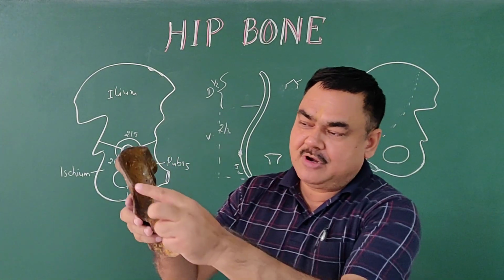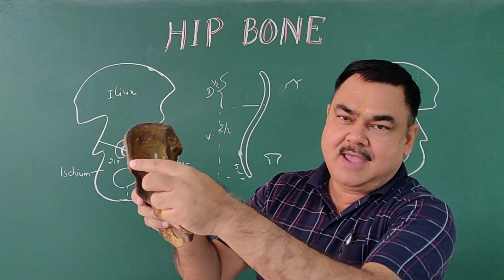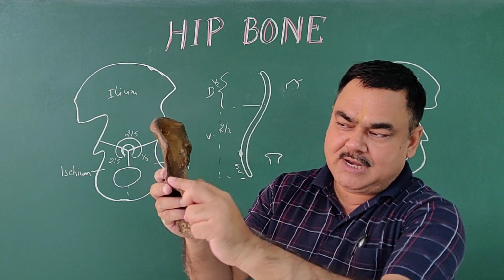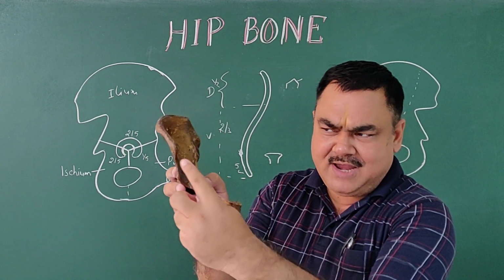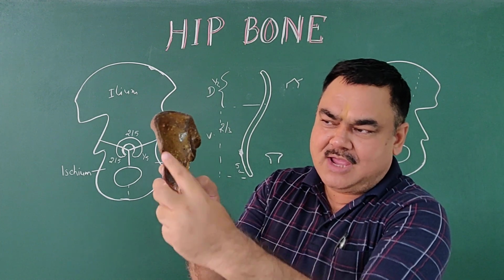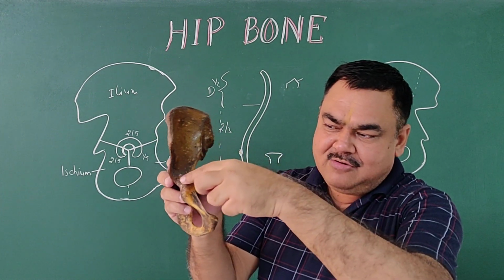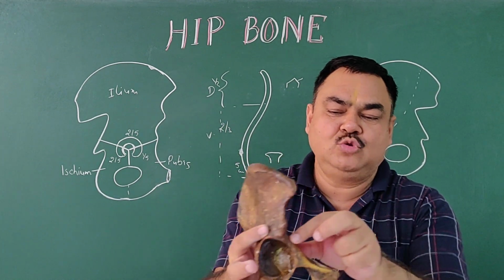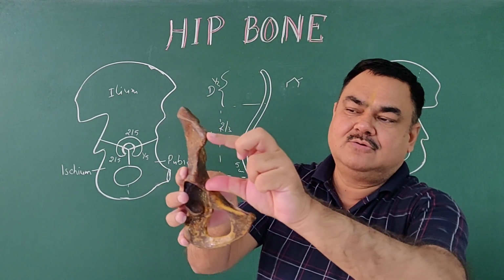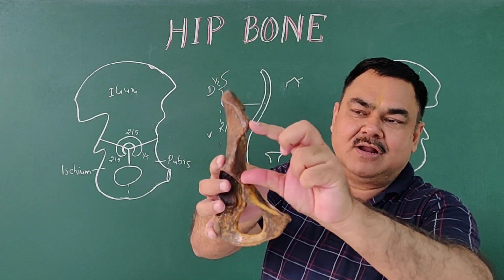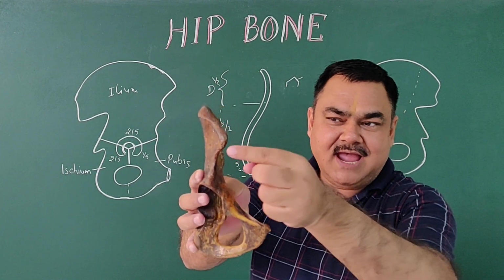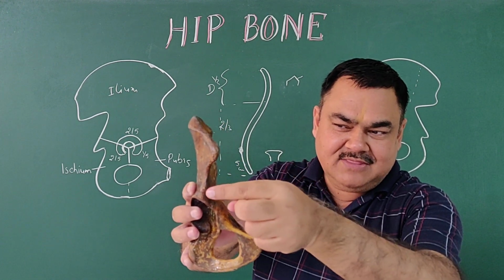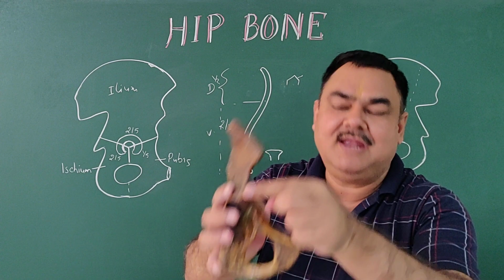This is the anterior border. From the anterior superior iliac spine to here is the anterior inferior iliac spine. Here is a slight notch. So the anterior border has the anterior superior iliac spine, a notch, then the anterior inferior iliac spine.